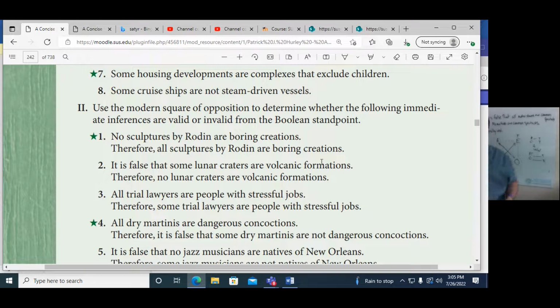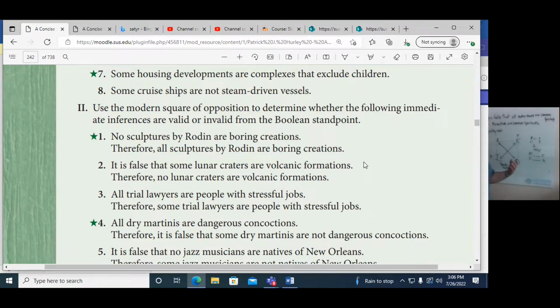So ask yourself right now, no sculptures by Rodin are boring creations. Is that an A, E, I, or O proposition? Pause to consider. E, that's correct. Therefore, all sculptures by Rodin are boring creations. Is that an A, E, I, or O? That's right, that's an A.